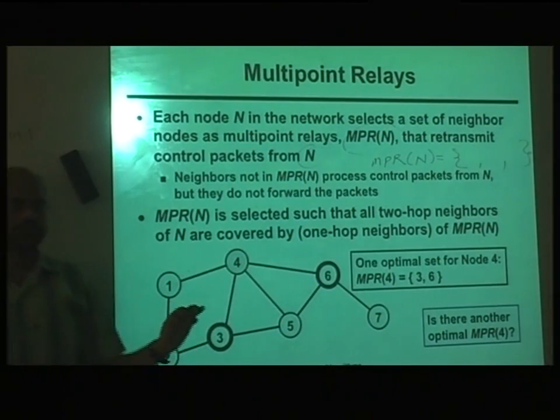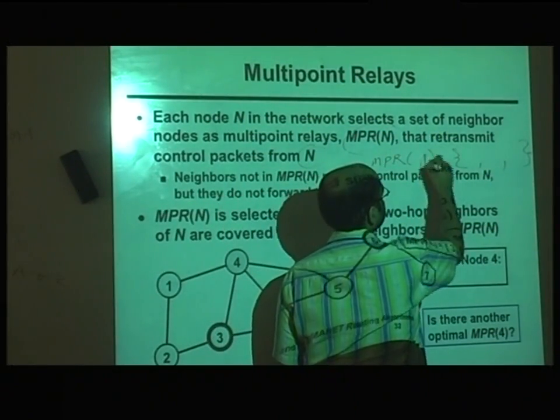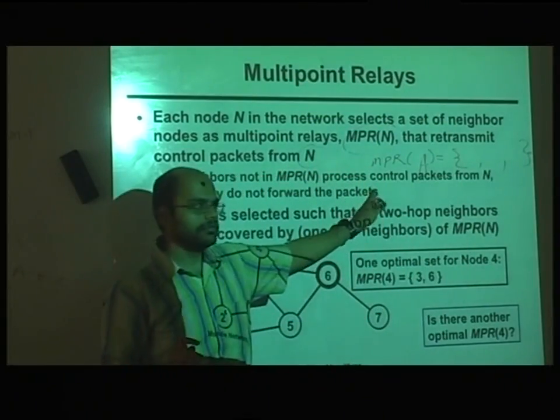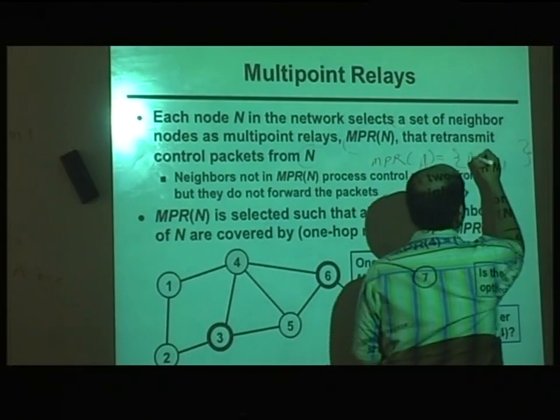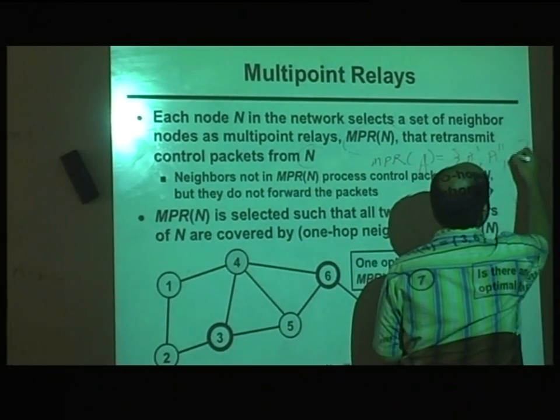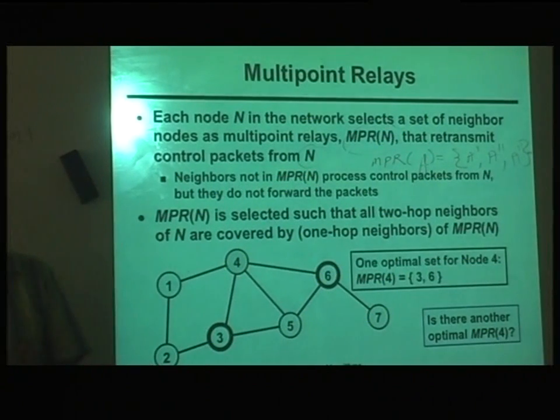So if I say MPR of A now, then these are the nodes in this set. Let's say this is A dash, A double dash, A triple dash. Only these three nodes in the entire network will send control information on behalf of A. The rest of them have to drop the packets there itself.